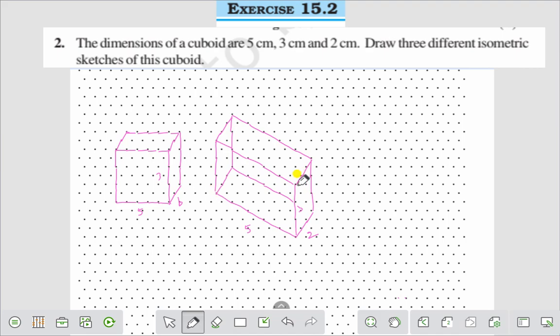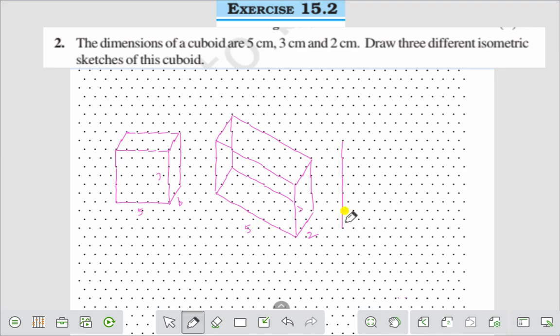You take another type of cuboid, that is, if you take height as 5, right? Let's take height as 5. That is 1, 2, 3, 4 and 5, right?